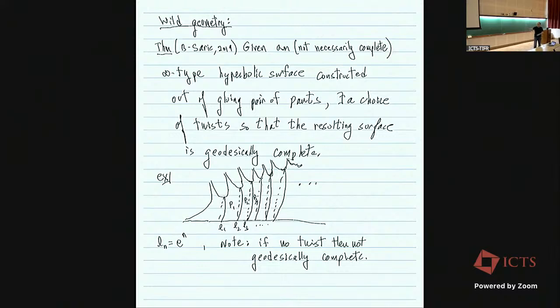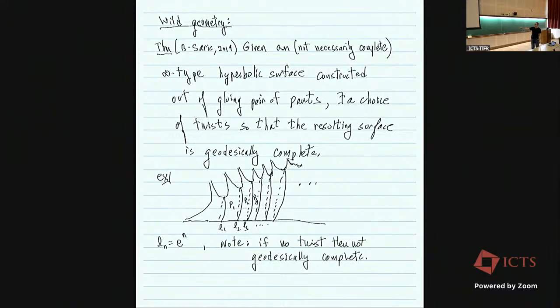See, when these lengths are growing exponentially fast, these distances between L1, L2, L3 are shrinking very, very fast. And fast enough that if you didn't have any twist here, these would converge to a geodesic in finite distance, possibly more than one.